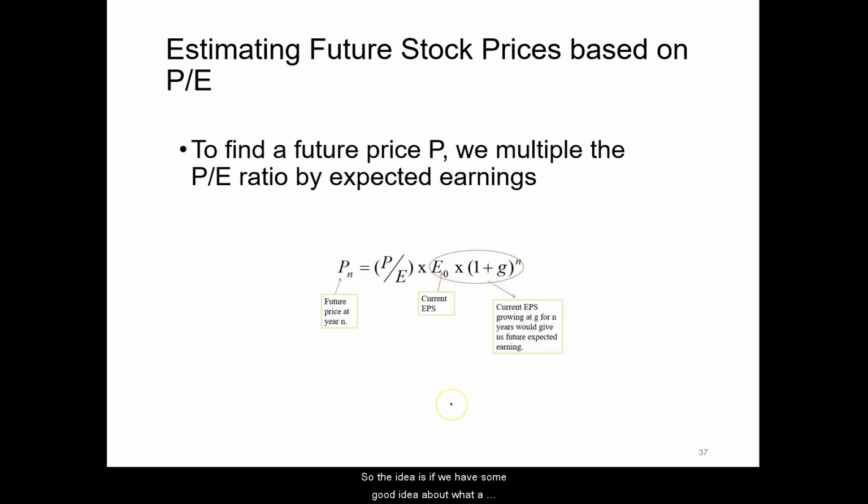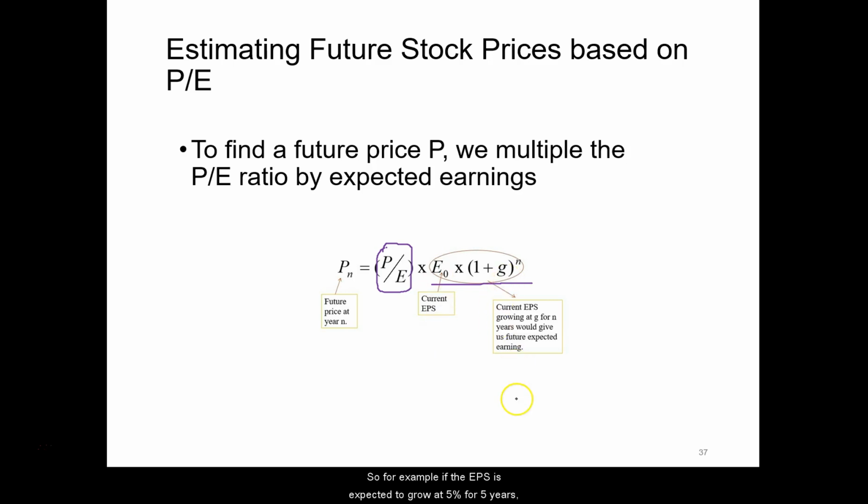So the idea is, if we have some good idea about what a PE ratio for a stock should be, and also we try to estimate the company's EPS in the future, which is based on the company's current EPS and your assumption about how much the EPS can grow for the next couple of years, so this part here essentially is the future EPS.